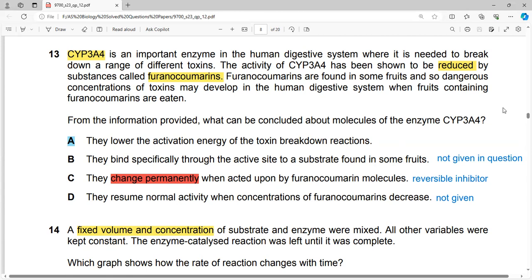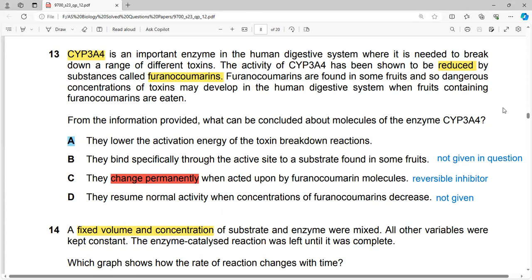So what are they showing? Furanocoumarin is a chemical working as an irreversible inhibitor of the enzyme. The enzyme breaks down the toxin, but this chemical reduces the activity of the enzyme.